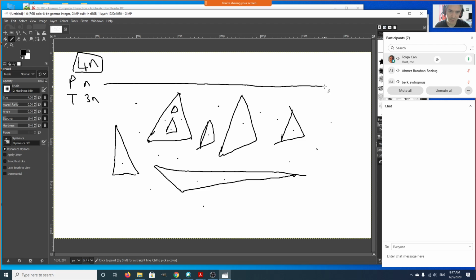And the sweep line moves downwards, and we have a status structure. Let's call it T. And the status structure holds the triangle edges that currently intersect with it. All right, so we have these triangle edges, as you can see, and they can be ordered left to right.